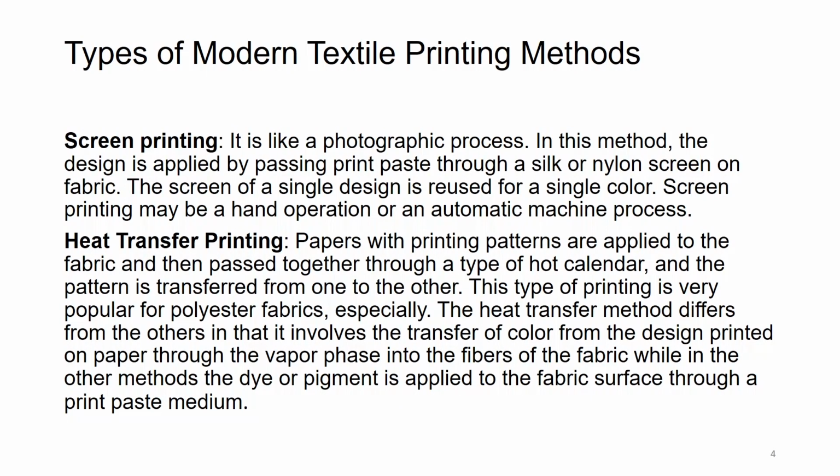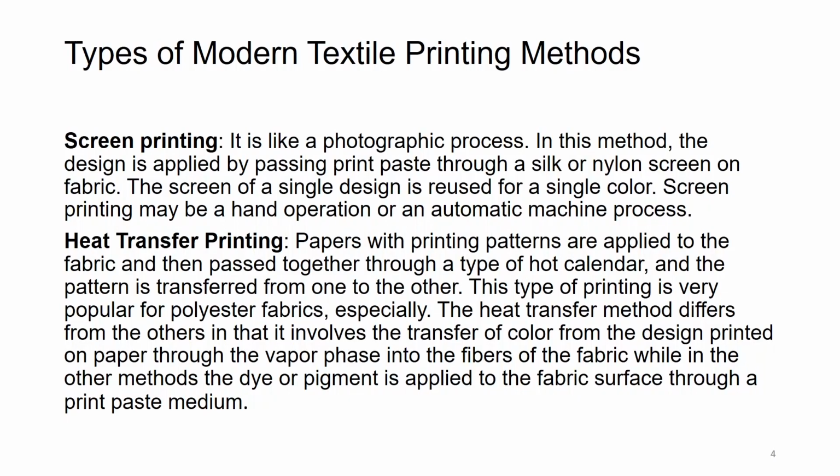Heat transfer printing. Papers with printing patterns are applied to the fabric and then passed together through a type of hot calender, and the pattern is transferred from one to another. This type of printing is very popular for polyester fabric especially.